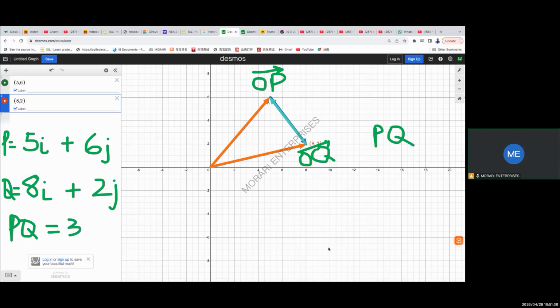Because you have to do 8 minus 5, you have 3i, and then 2 minus 6, that's negative 4j. So we should be able to plot 3i minus 4j.